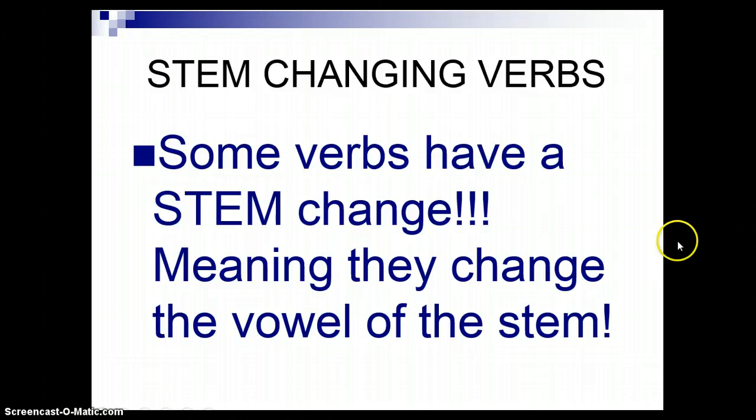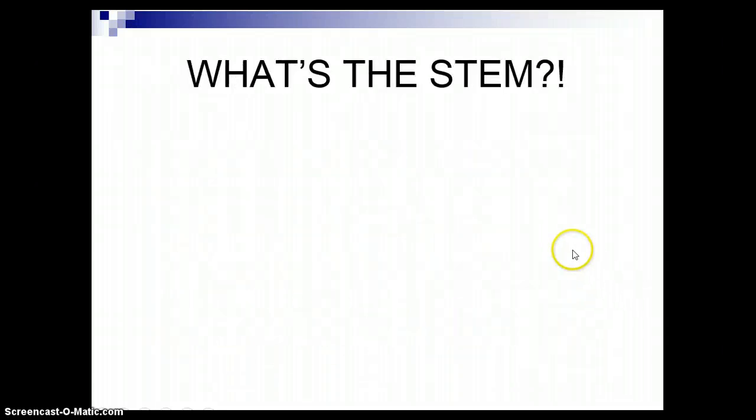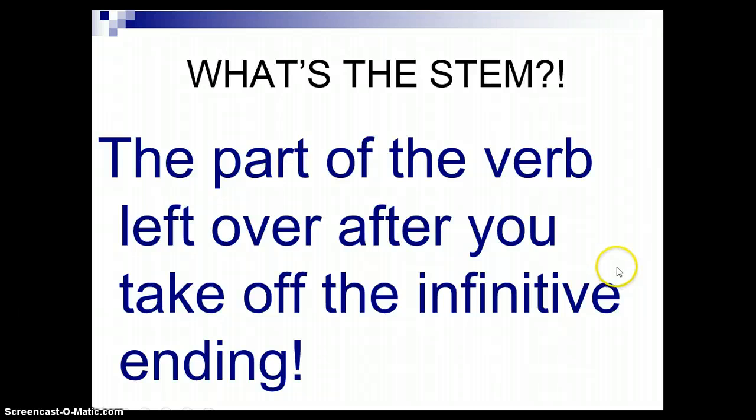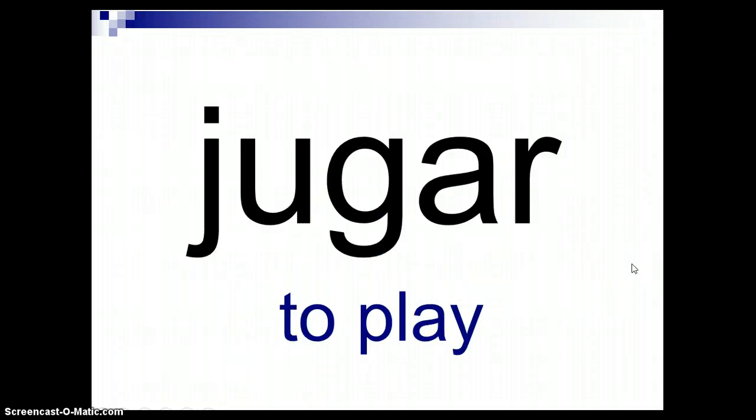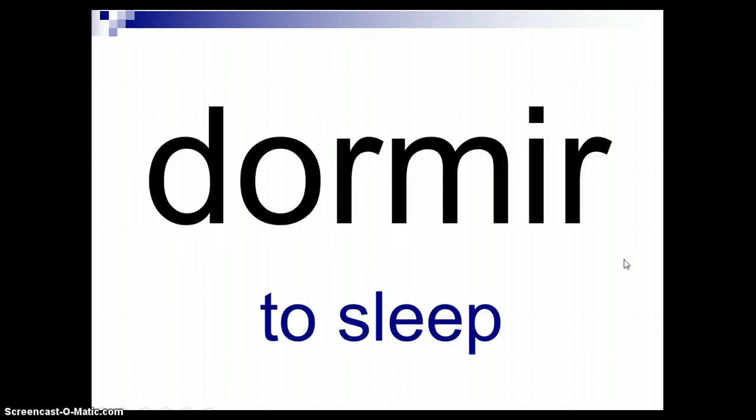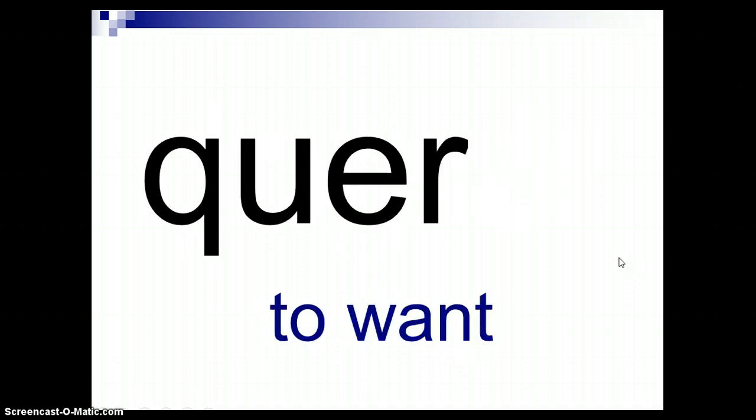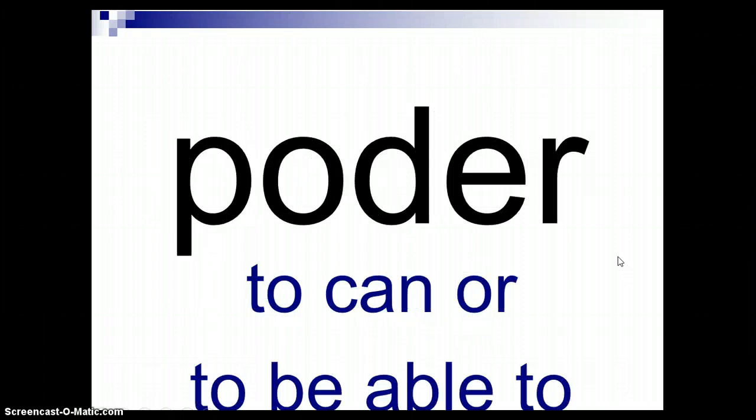Stem-changing verbs are called that because they're going to change in the stem. They have a vowel change, a spelling change. So what's the stem? We remember it's the part of the verb left after you take the infinitive ending off. Like jugar, the stem is jug. Dormir, it's dorm. Querer, it's quer. And poder, it's pod.